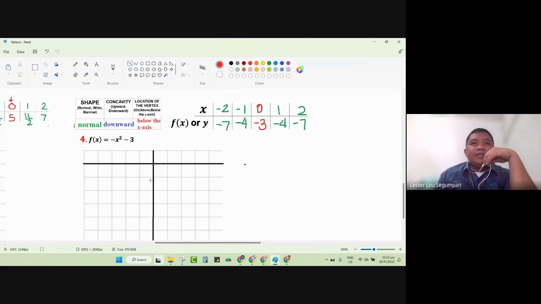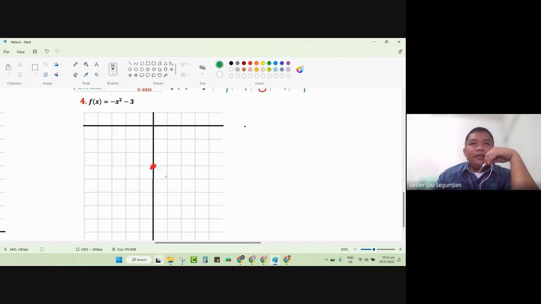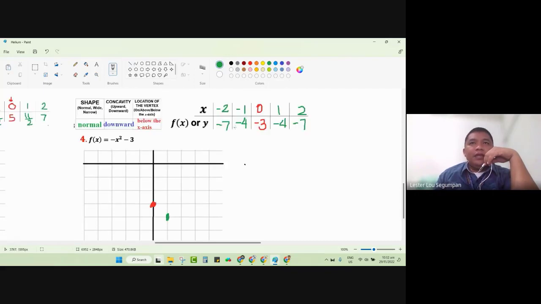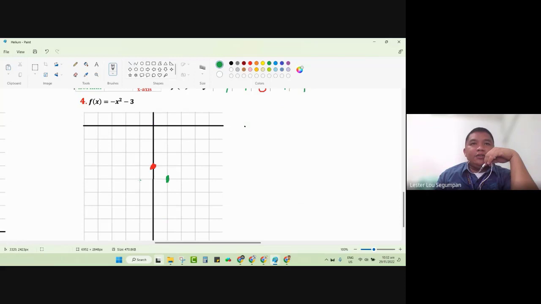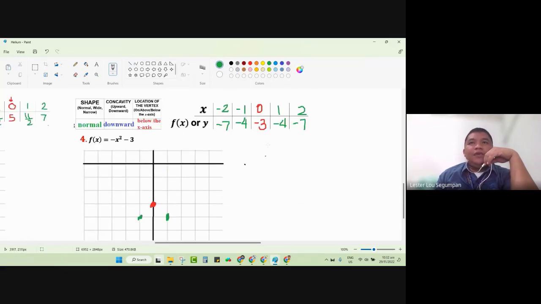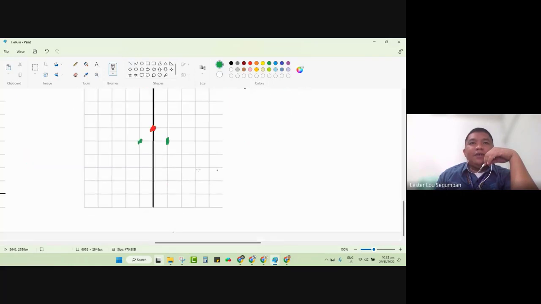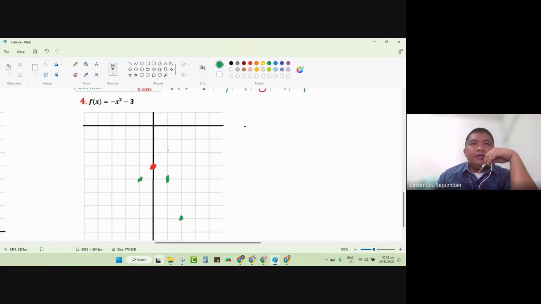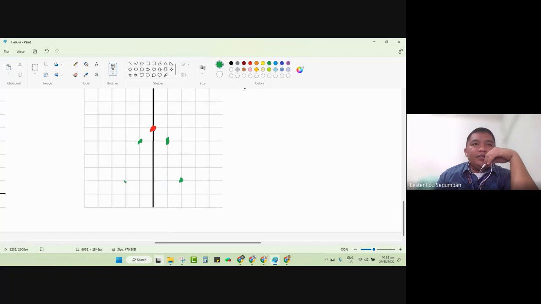The vertex is at 0, rather, negative 3. And then it follows 1 and negative 4, and then negative 1 on the other side, also negative 4. And you will have here 2 and negative 7. 4, 5, 6, 7. Again, 1, 2, 3, 4, 5, 6, 7. And here 7 as well.